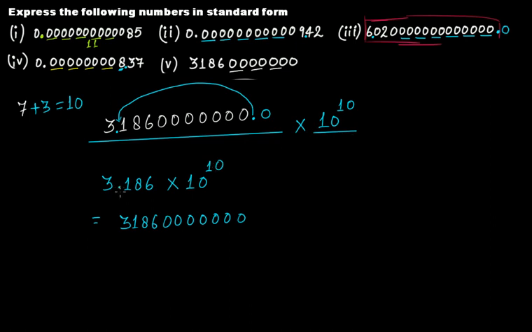It means that this decimal point will move towards the right, by crossing 10 digits. 3 digits are already there. You put 7 zeros and you get your original number if you wanted to check your answer, right? So this is the way. And just check the video link of the theoretical portion that we have already discussed.